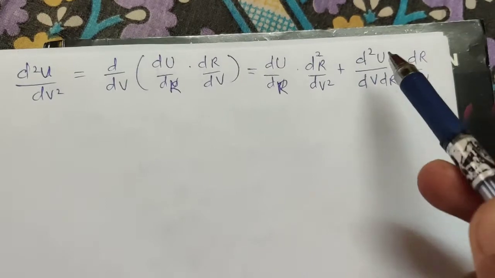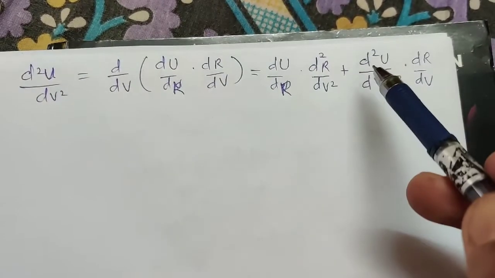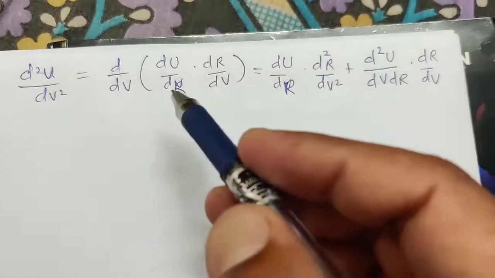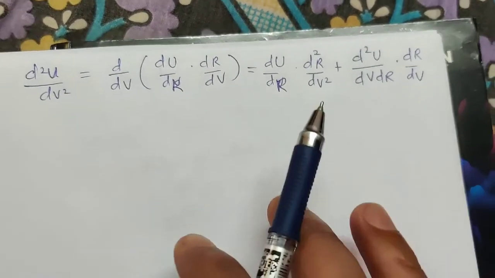Because this was dU upon dr, this will be d square U upon dV dr, because this is a double derivative.